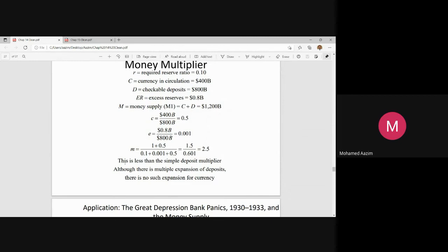So the answer that you have seen here, the multiplier, is smaller than the deposit multiplier of the simple model that you have learned previously. Why is that the case? In the simple model, we simply assume there are no excess reserves.